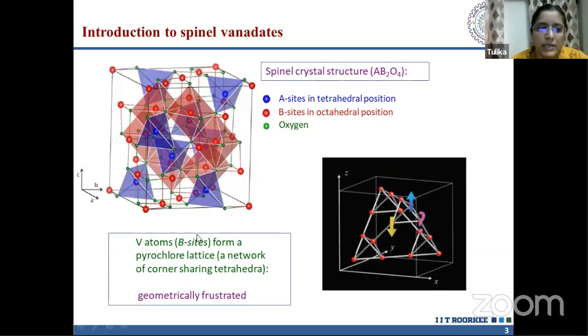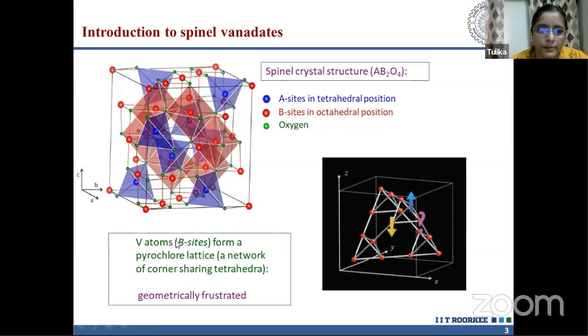And these B sites further form a pyrochlore lattice, which is a network of corner sharing tetrahedra, as shown in this figure here. This is geometrically frustrated. That means if we have Ising spins sitting at these B sites having antiferromagnetic interaction, then all the interactions are not satisfied across all the bonds. So this structure is therefore geometrically frustrated.